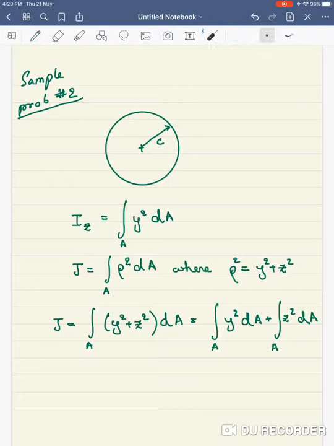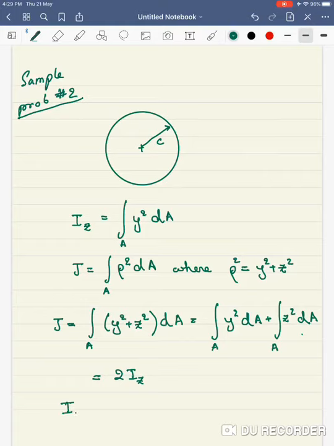And these two integrals look different because you have a y square and a z square. But in the case of a circular cross section, when you finally evaluate them, they will actually be identical. So the first one is Iz, and the second one is also Iz. So J is actually equal to 2Iz.